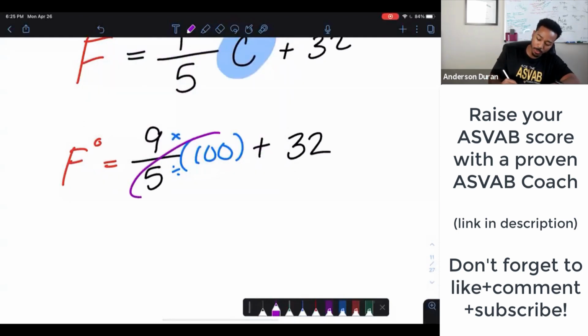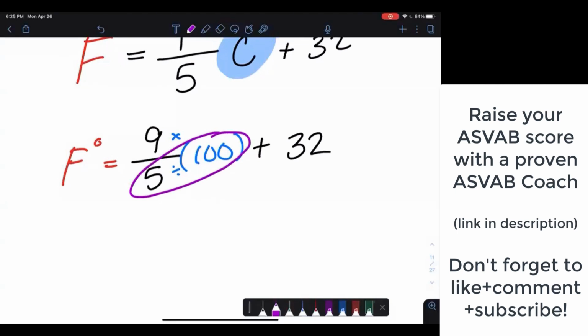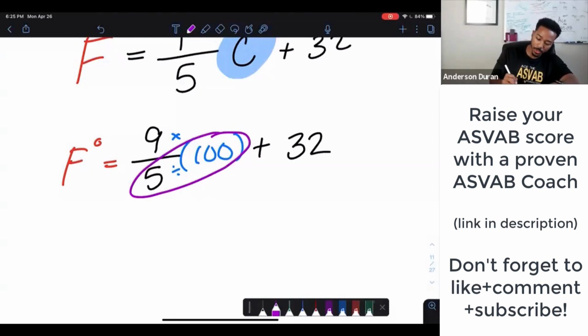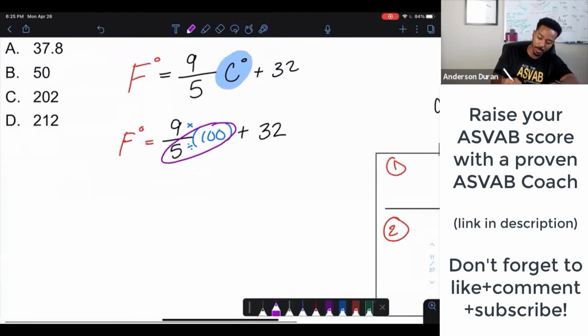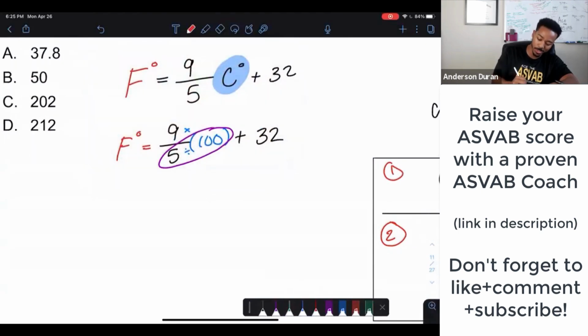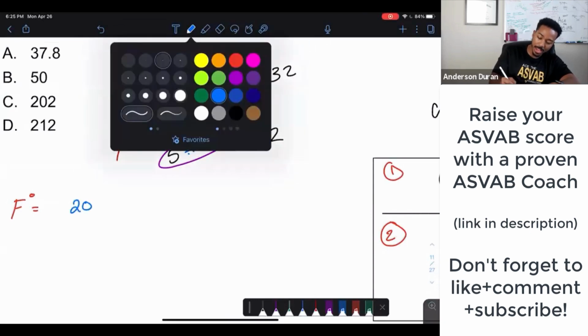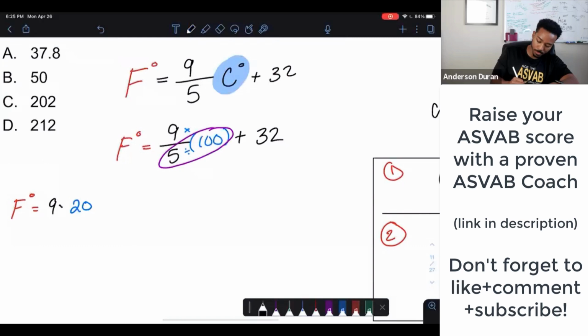Everybody, what is 100 divided by 5? 20. That is correct. And so what this would be, I'm going to split this up into two different things here. I'm going to show you guys exactly how this works. F degrees equals, and then that'll end up being 20. And that 9 is still there. Plus 32.